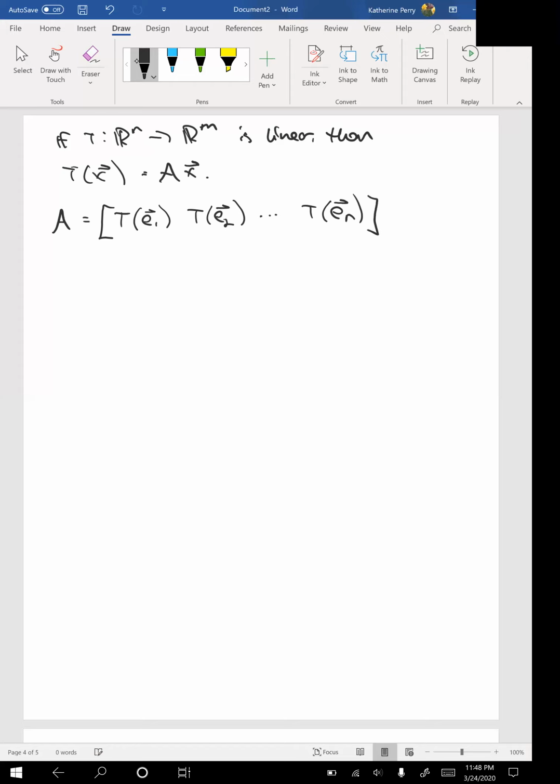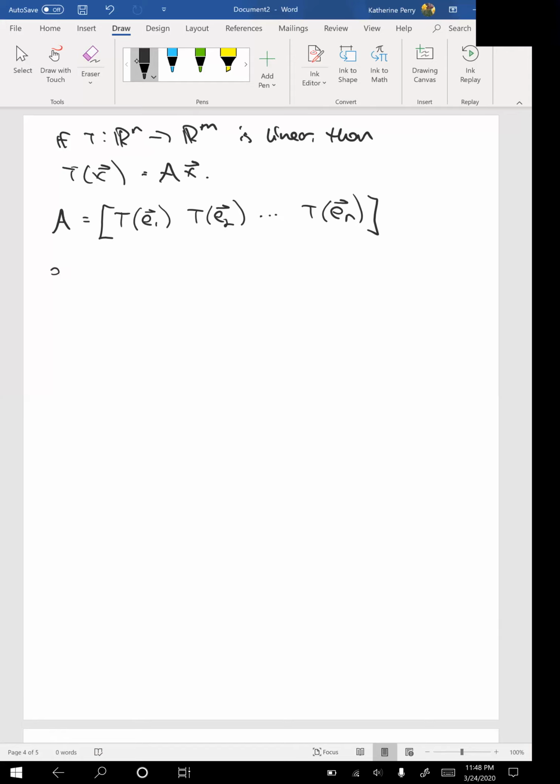And so what I want to do here is look at an example that is not given as a matrix, but as something else, and then translate it to a matrix in this form.